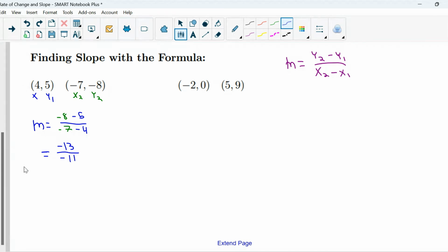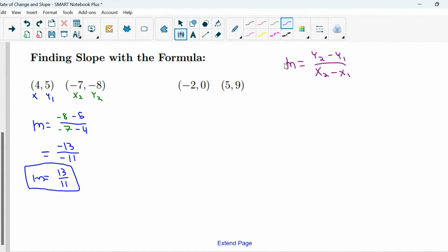If we have negative over negative, that does make a positive slope. So -13 over -11 can be simplified as 13 over 11. Which is the slope between these 2 points.